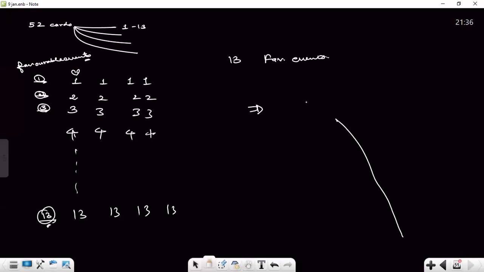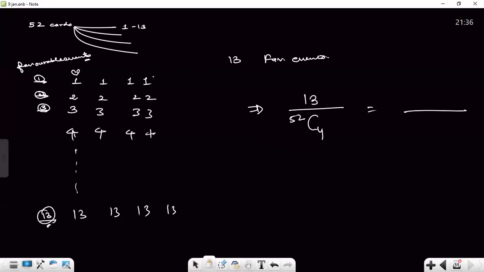So how many total favorable events are there? 13. And when we are selecting 4 cards out of 52, there are 52C4 ways in which we can select them. This is the total number of ways to select 4 cards.